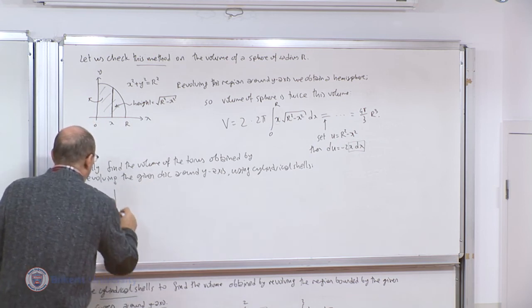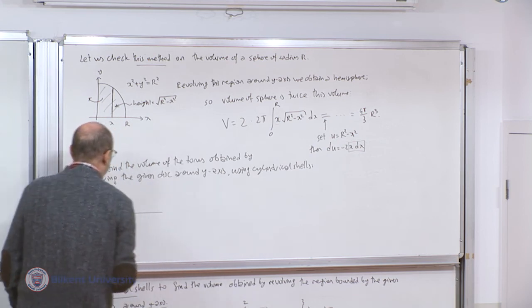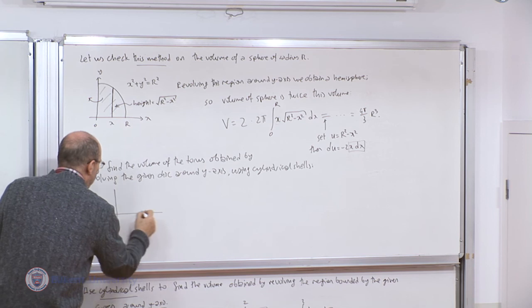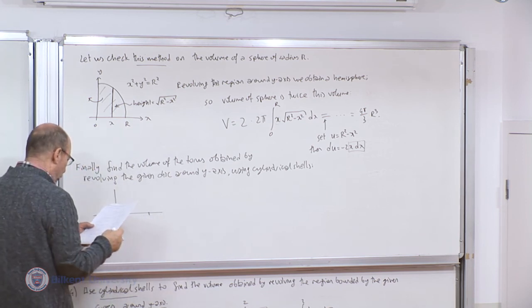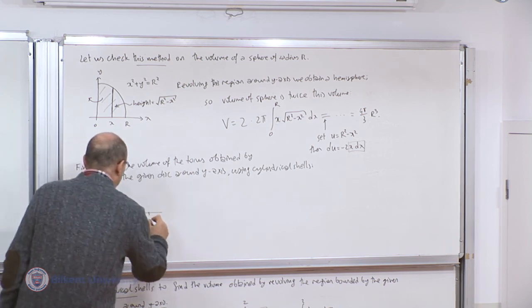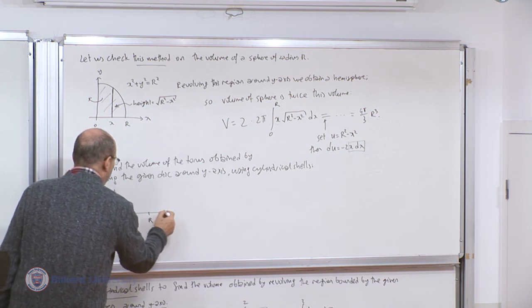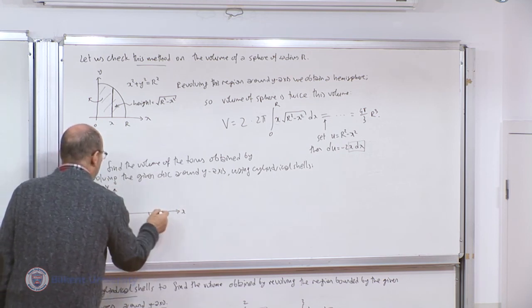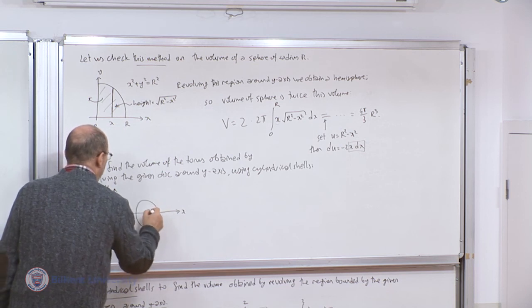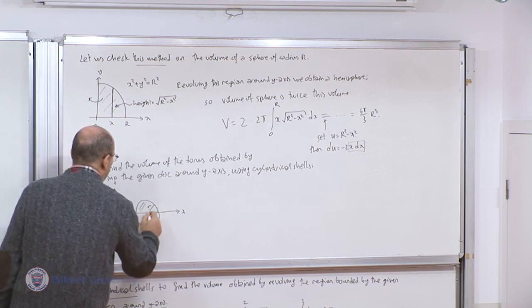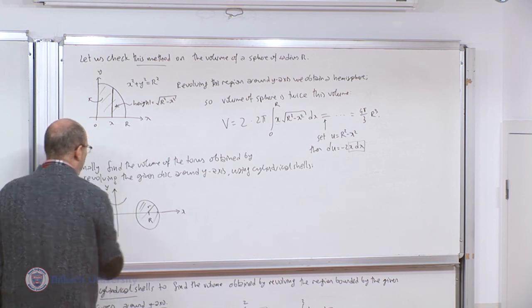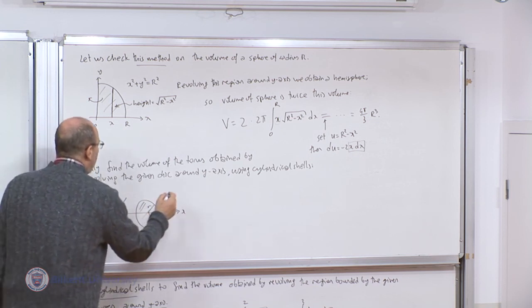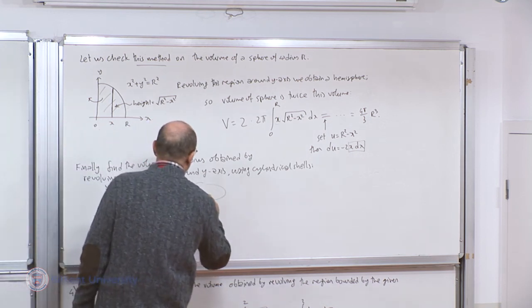Okay, so what we have is something like this. At a distance, I think I'll use big R here, at a distance big R from the origin, from x, y, I have a circle of radius small r. Okay, I revolve this around the y-axis, so I obtain a torus like this.